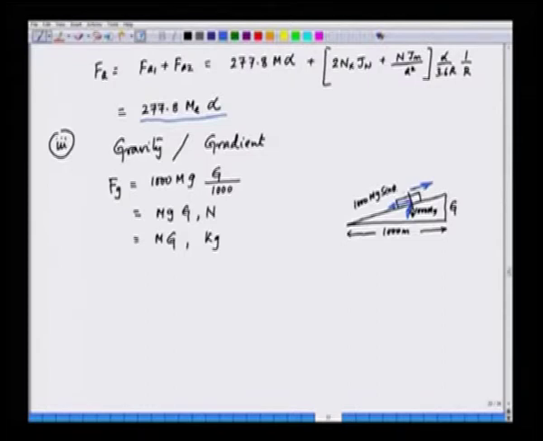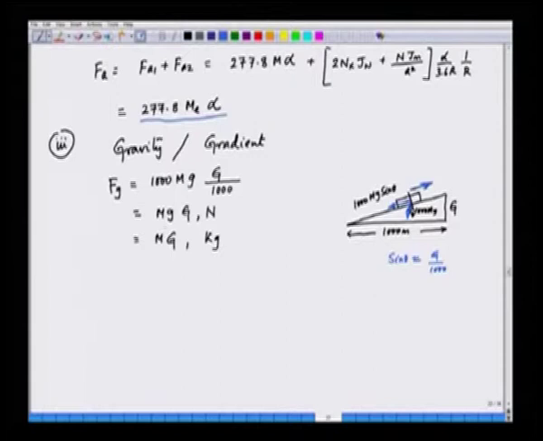So, sin theta here is approximately equal to G by 1000. G is the gradient, and it is usually expressed as the elevation in 1000 meter. So, we can find out sin theta by dividing G by 1000. So, we can substitute sin theta by G by 1000.